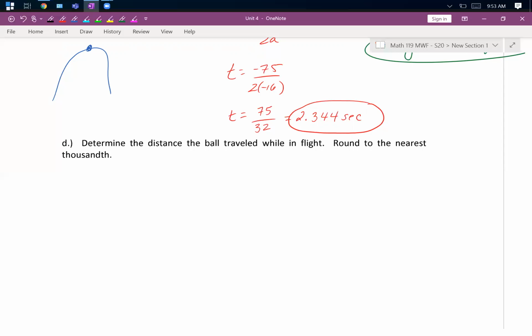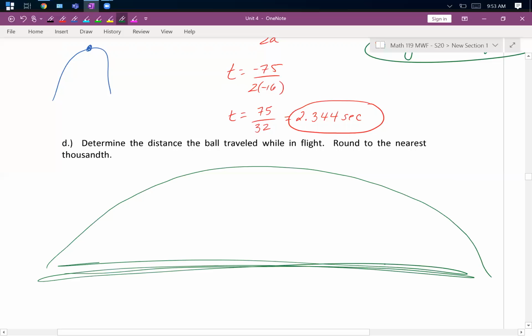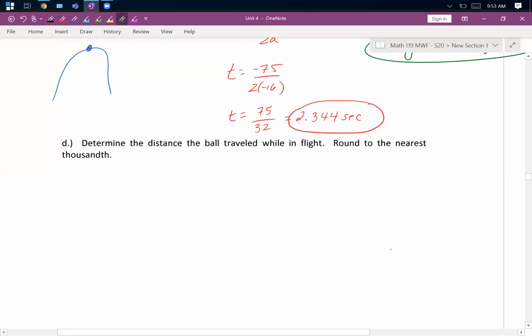So we want to use the x formula because we're talking about distance. When they say that somebody hits a baseball or a golf ball so many feet, they're not mapping the vertical height. We're talking about just this distance right here, which is horizontal. So yeah, we want to use our x equation here.